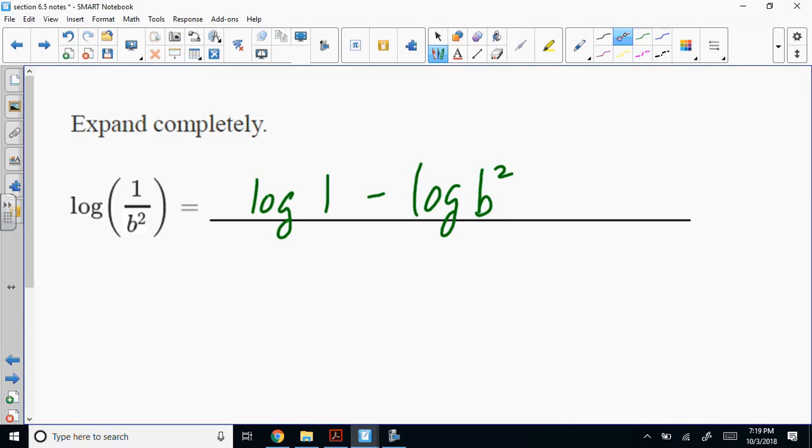And then what do I have to do? I have to take this out to the front. Is there any... Oh, guess what? Look on your property list and see if the log of 1 is 0. Yep, there you go. So this is really 0 minus 2 log of what? B, right? Because this becomes 0.